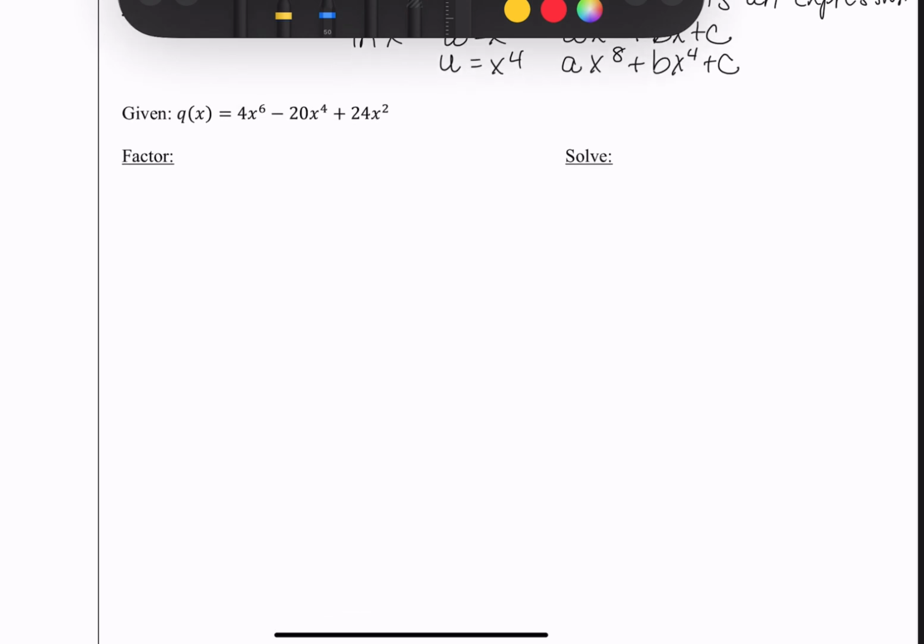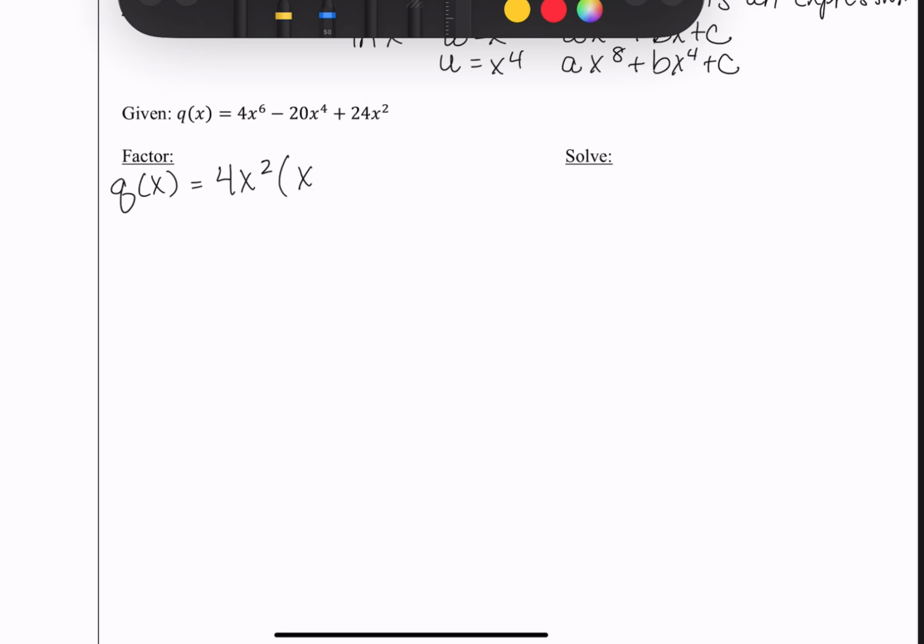So for q of x, first of all, I notice that it is a trinomial, and I notice that all 3 terms have a greatest common monomial. So I'm going to factor q of x by first factoring out a greatest common monomial of, I believe, 4x squared. And what's left?